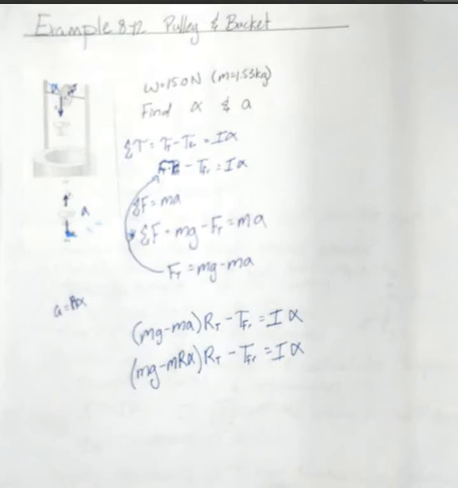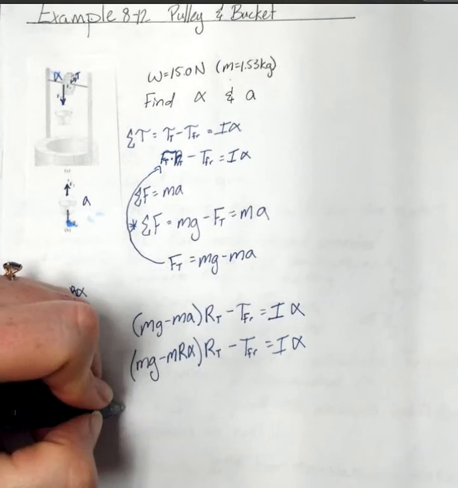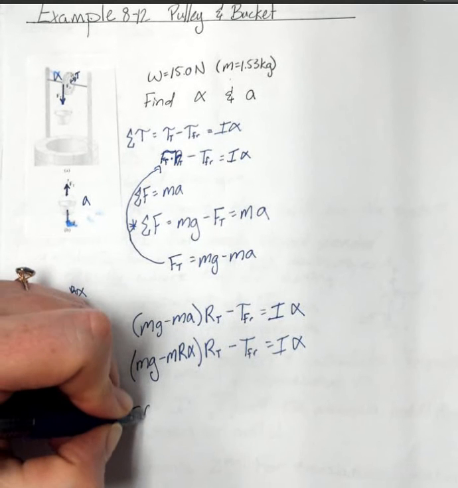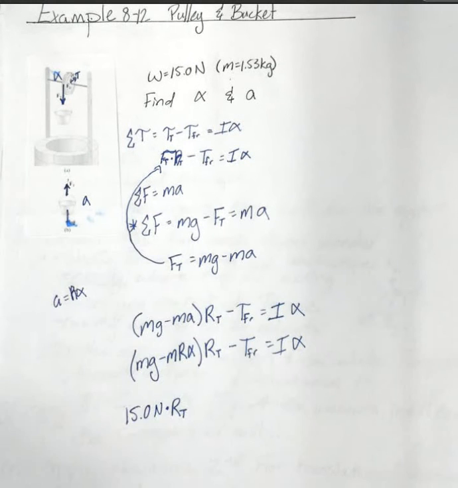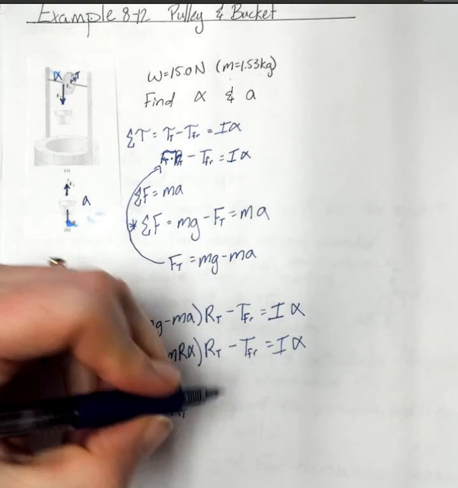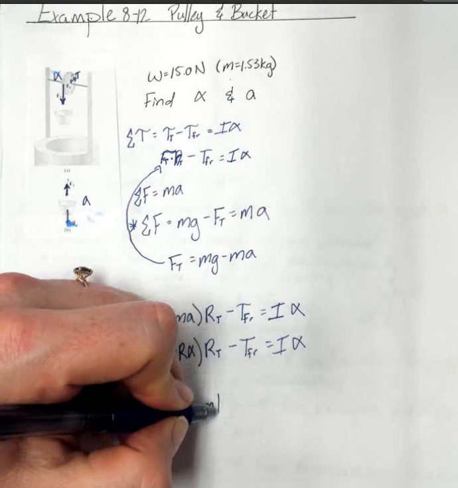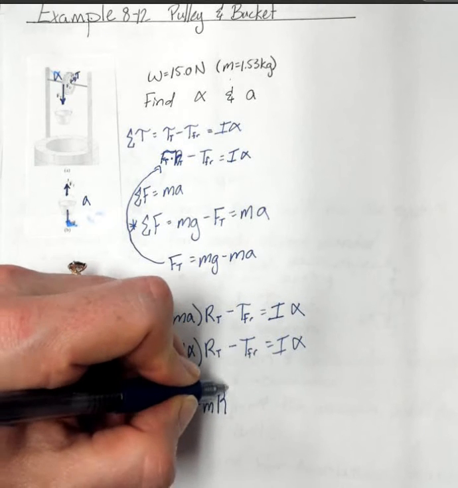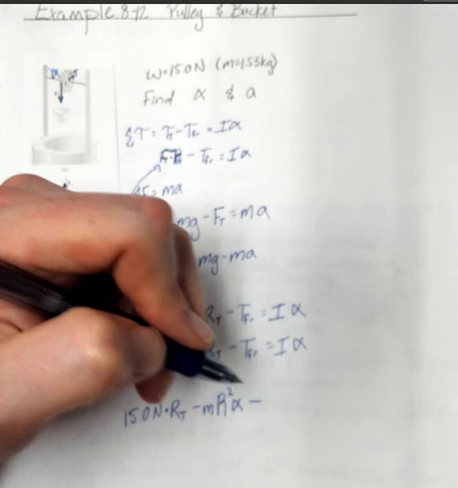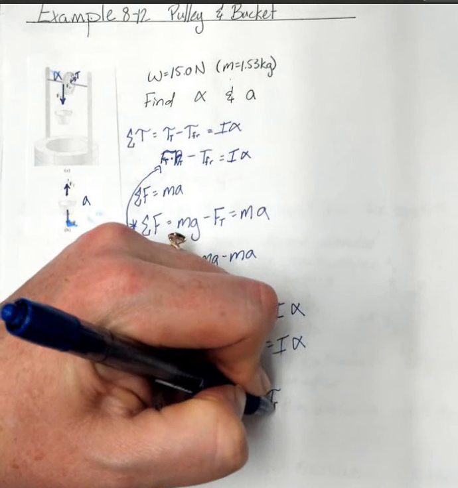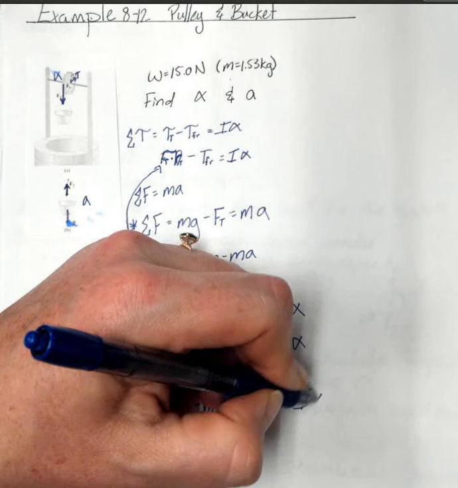Now, mg is 15 newtons, times the radius, minus m r squared alpha, minus the torque due to friction, equals the moment of inertia times alpha.